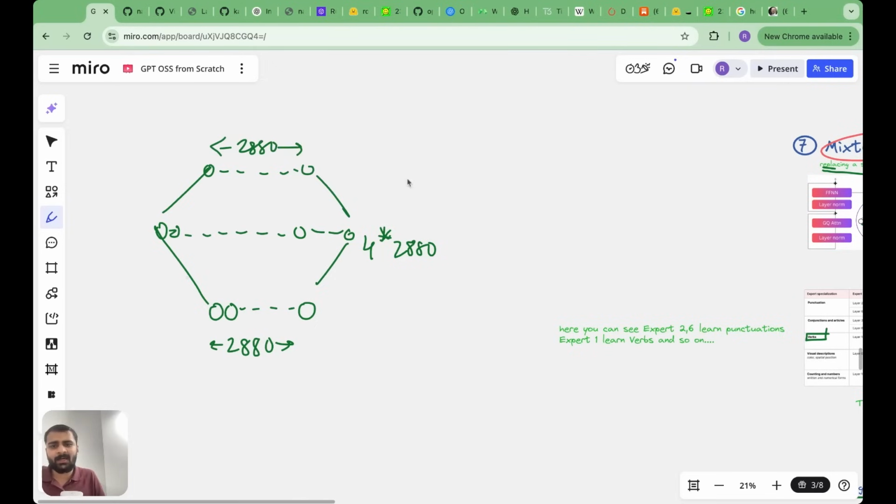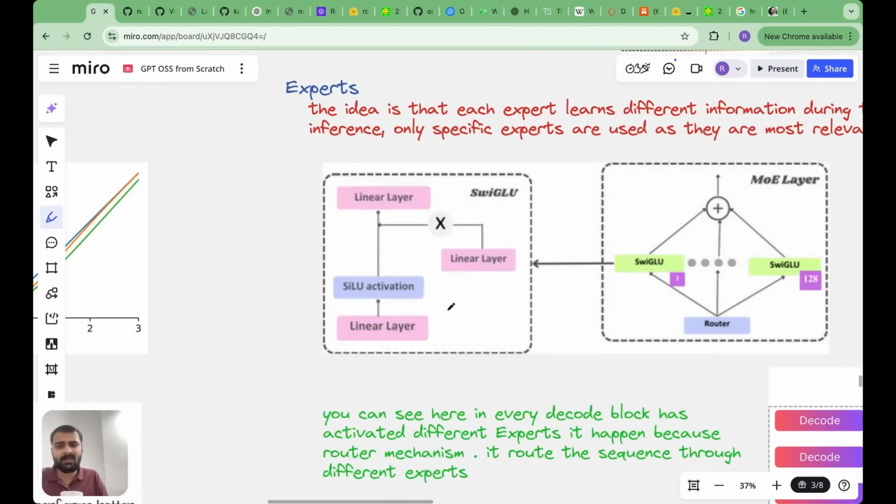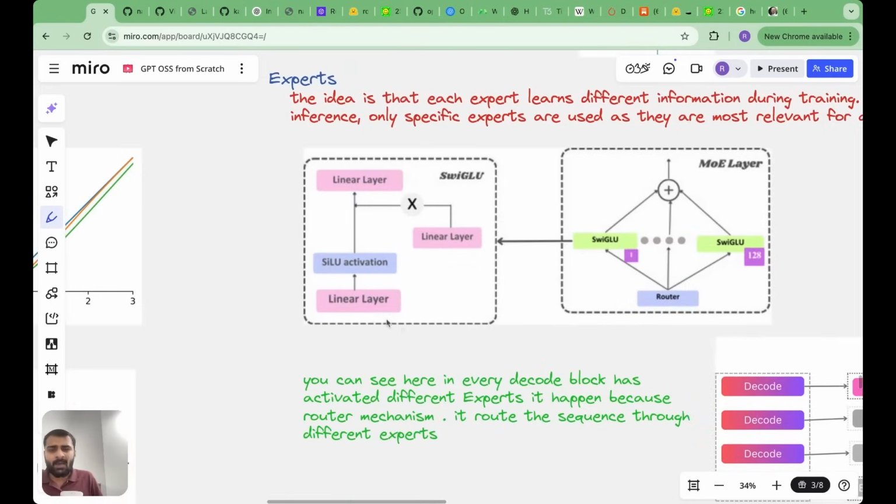That was the simple architecture. But even in Gemma 3 270 million and now GPT-OSS, they have implemented this architecture where you have a linear layer, okay? I'm looking at one expert for now. This architecture will be followed across all the experts, right?